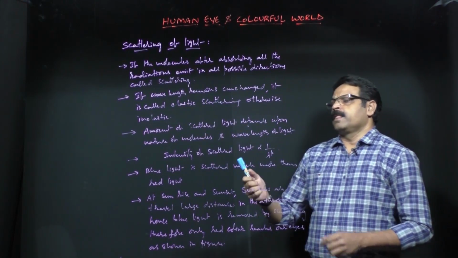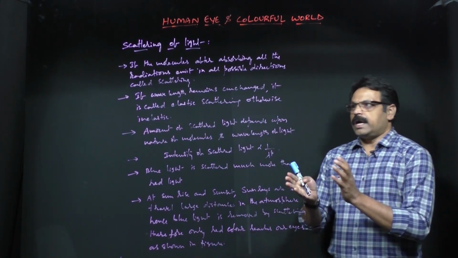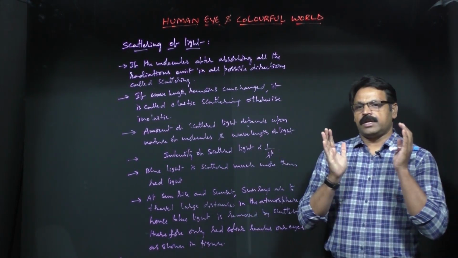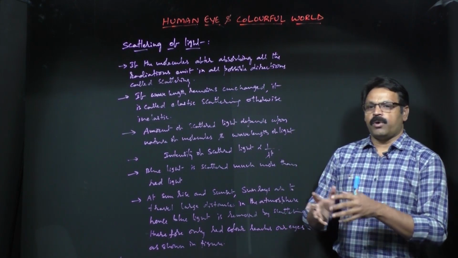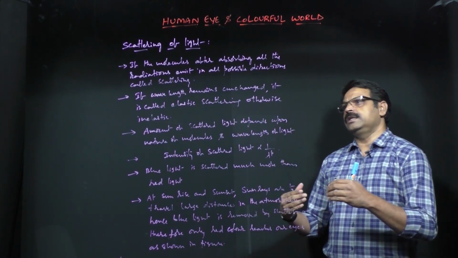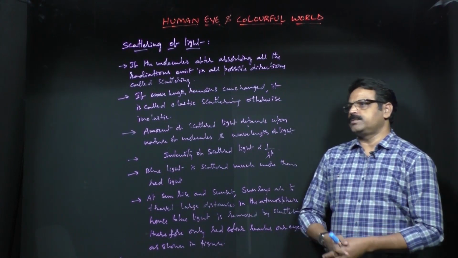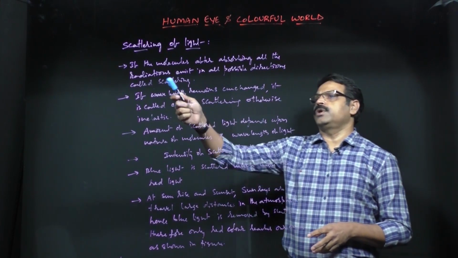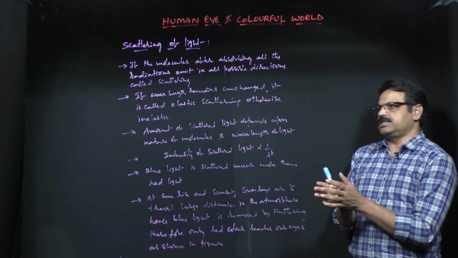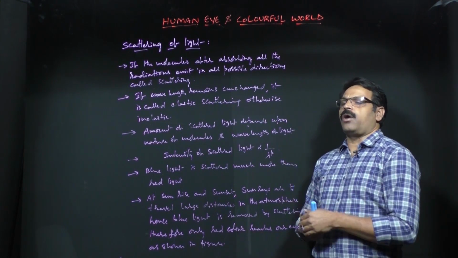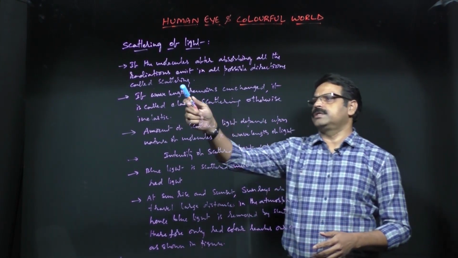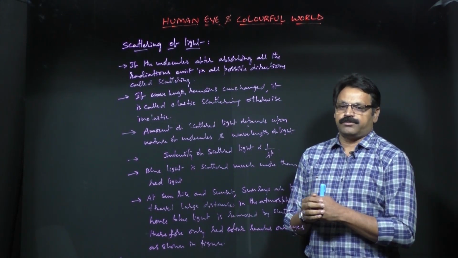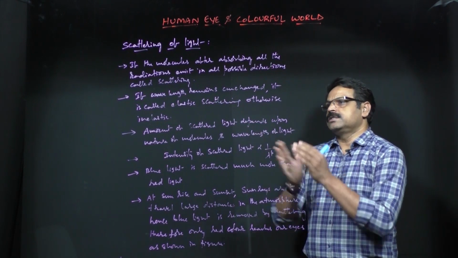Whenever light passes through the atmosphere, which consists of molecules of various sizes, these molecules absorb the light and then emit the radiations in all possible directions, and that phenomenon is called scattering. That means emission of the light after absorption from the sunlight is called scattering.